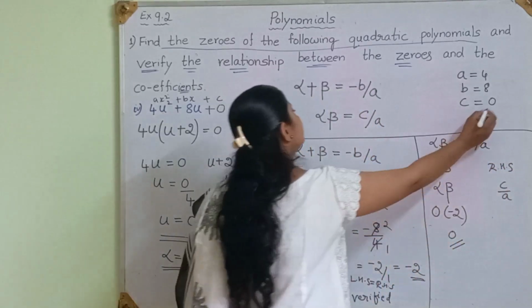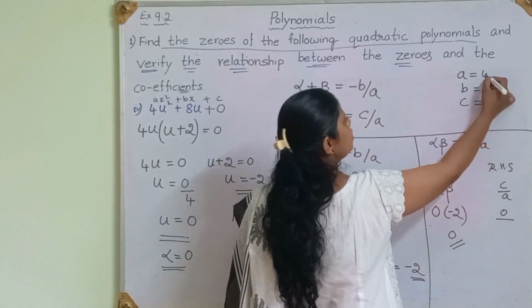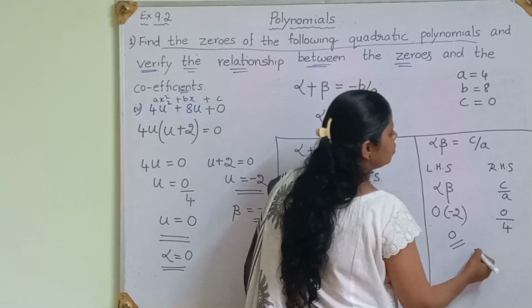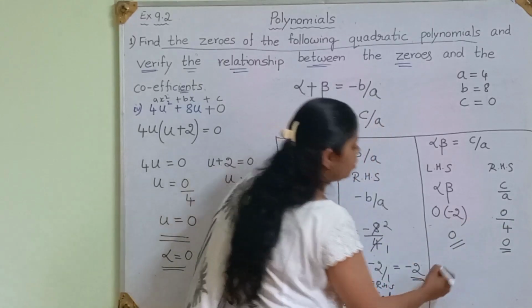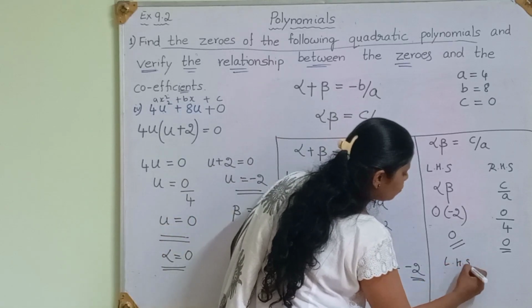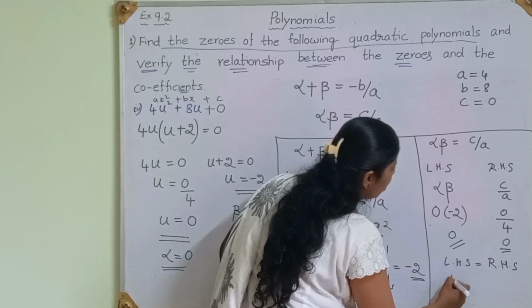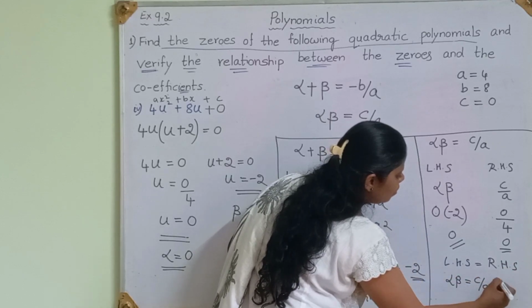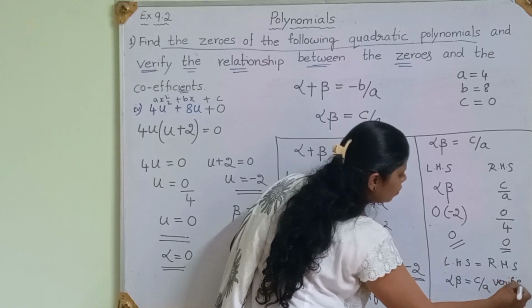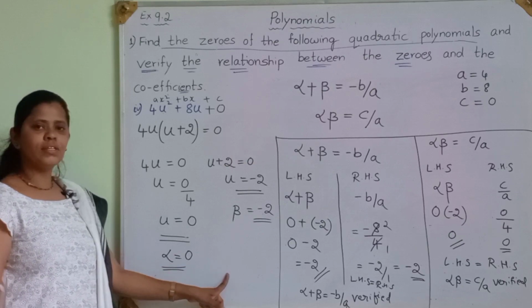The value of c is 0, so 0/a, that is 0/4. 0 by anything is 0. Right? Therefore, LHS is equal to RHS and alpha into beta = c/a, verified. Hope you have understood this one.